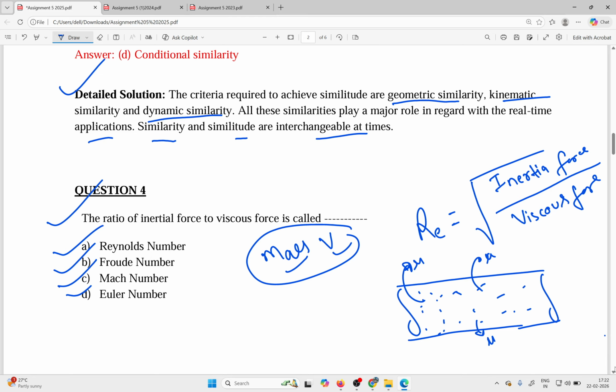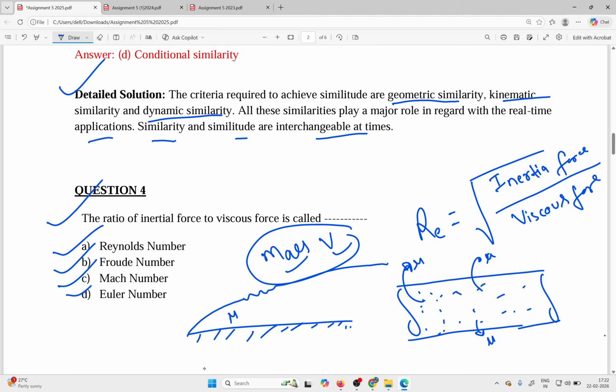But why, as I think I have already discussed in the boundary layer concept, near the bed, within the boundary layer, your viscous force is dominant compared to outside the boundary layer. Remember, please.